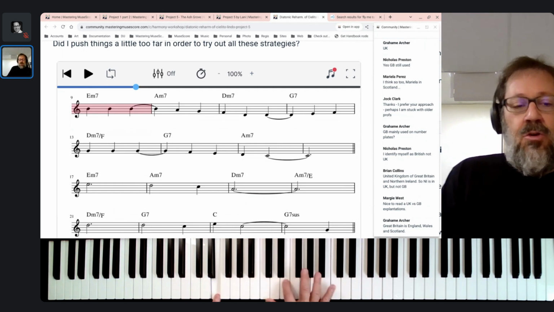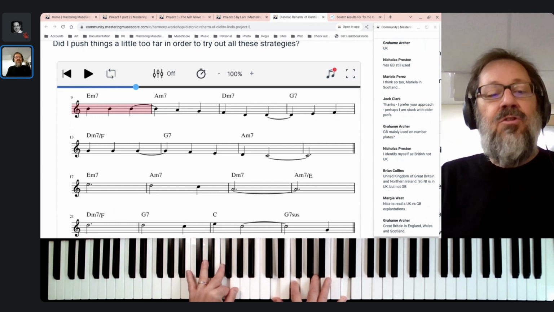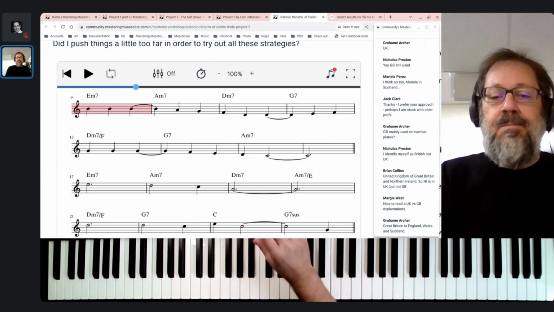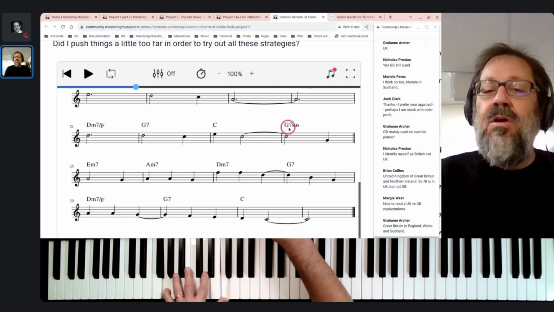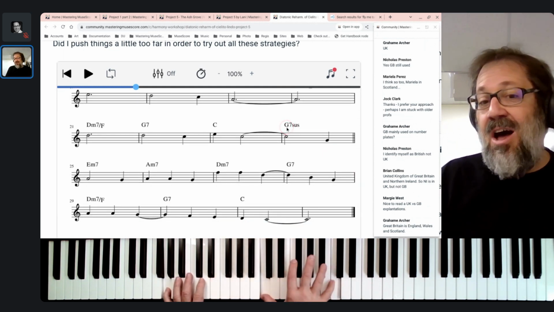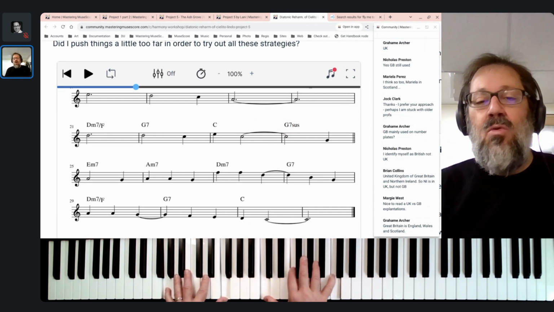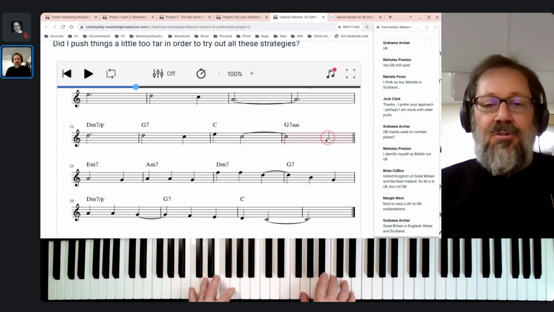Then he's got another 2-5-1 with the 2 in first inversion, which is all lovely. And then 5, and he's got the 5 chord written as G7 sus to honor the fact that that C is still held over in the melody. And if you wanted to, you could resolve it to a plain G7 at the end of that measure.